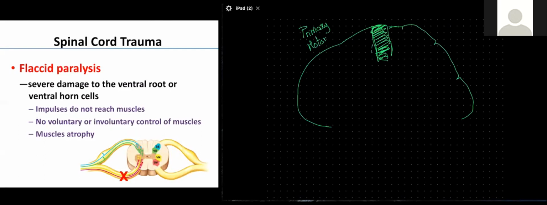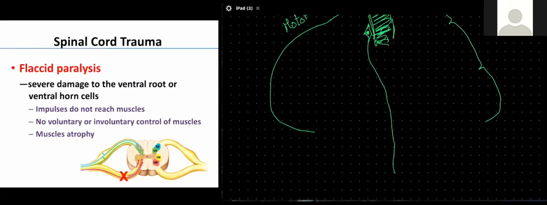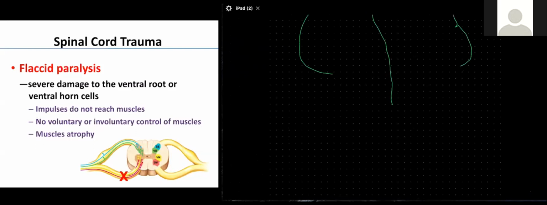So I've got nerve cells, cell bodies, that are going to be initiating the voluntary motor movement in my primary motor cortex. And those nerve cells are going to be traveling down. Remember, it crosses to the other side to reach the spinal cord. And here we're looking at a cut section of the spinal cord.